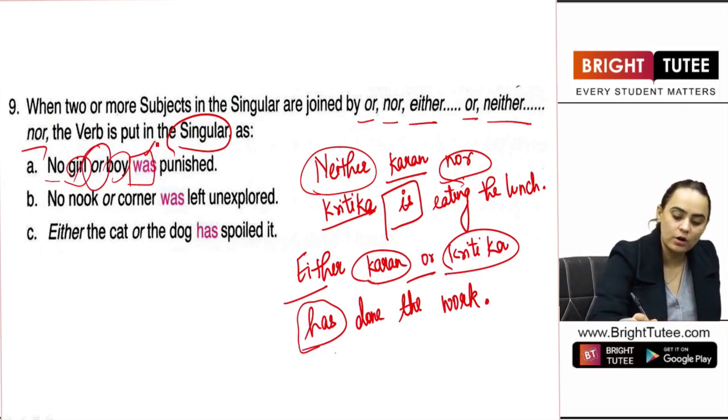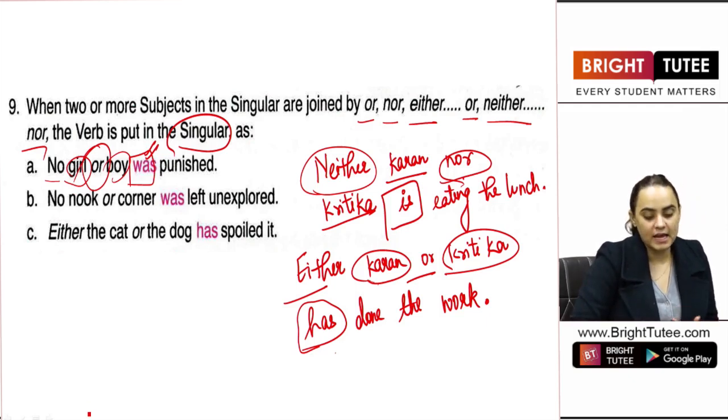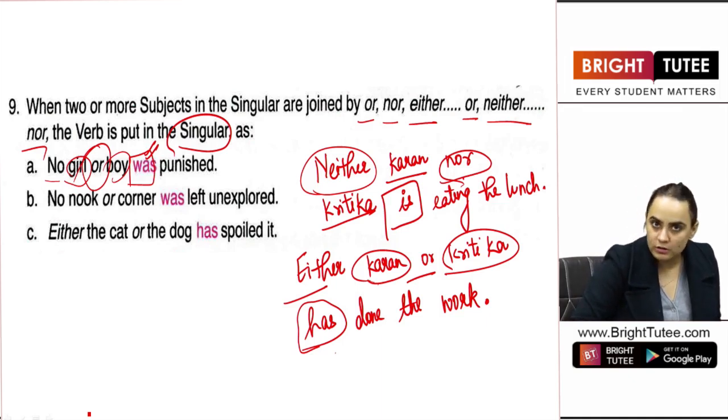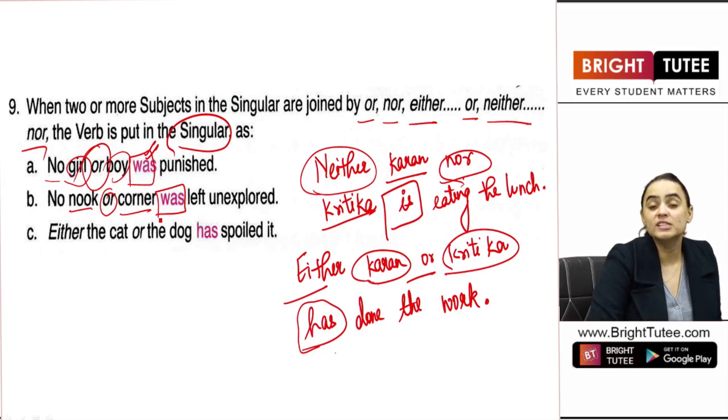Therefore, my verb is singular in nature. Similarly, if I say no nook or corner was left unexplored, nook and corner, again two nouns joined together using the conjunction or. The verb is was, which is singular in nature.